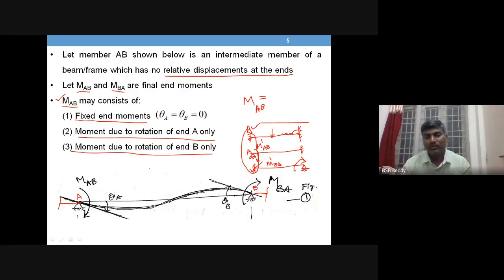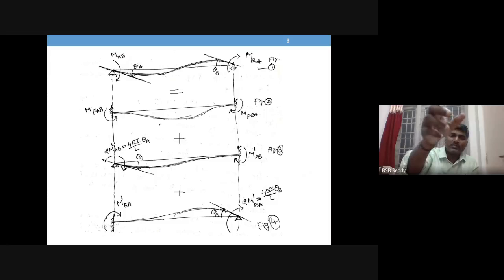It consists of three values: fixed end moments, nothing but moment from loads when you don't allow any rotation, moment due to only A rotation, and moment due to B rotation. That is what is being shown in the diagram.